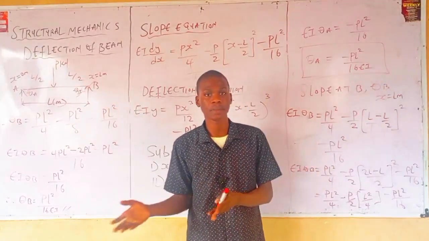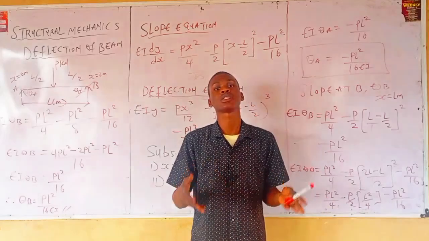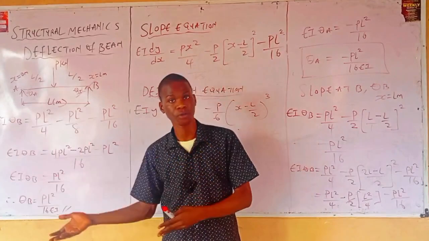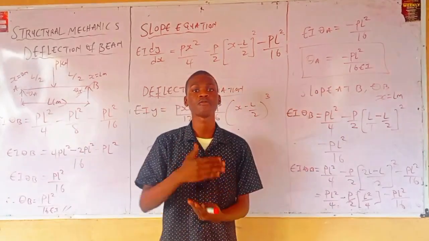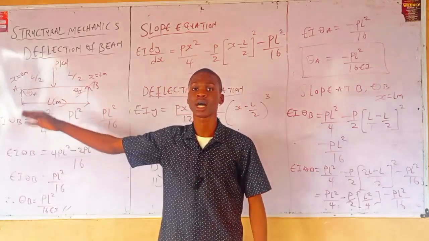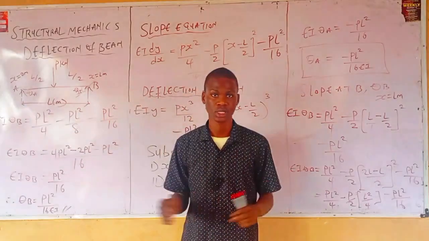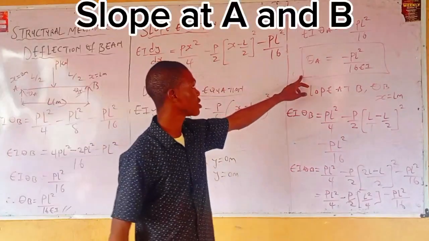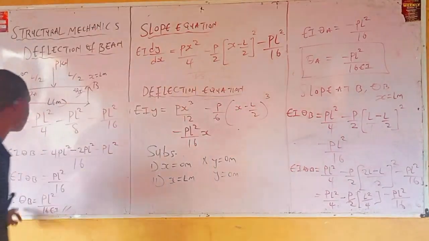Let's say you are given EI, your flexural rigidity, as 20 kilonewton per millimeter raised to the power of 4. Then you substitute the value of each parameter so as to get the deflection at each point, which are A and B. So that is how it works. Now, this is for question 1, deflection at A, question 2, deflection at B.